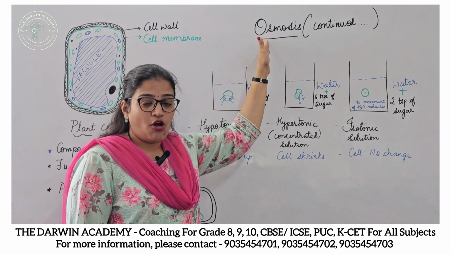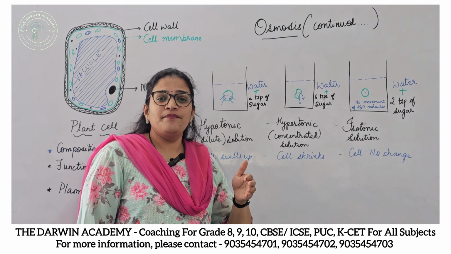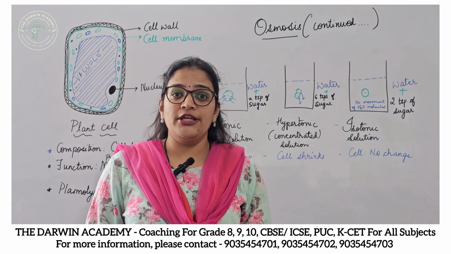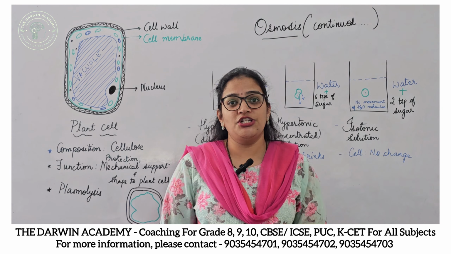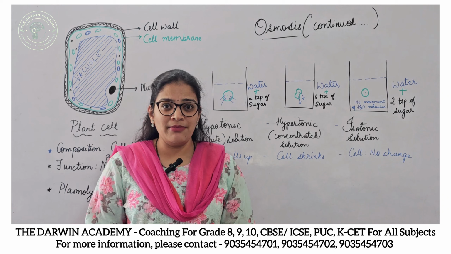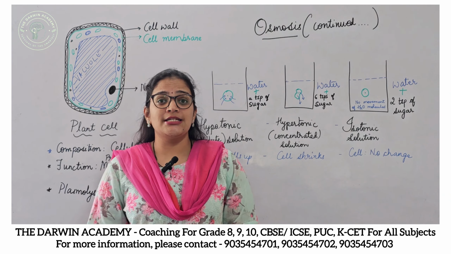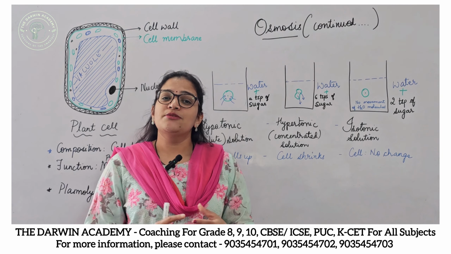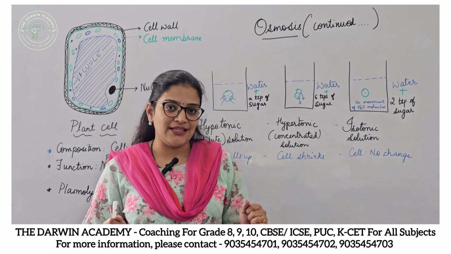Like I've mentioned, osmosis is the movement of water molecules from their high concentration to their low concentration through a semi-permeable membrane. I've also told you that it is called specialized diffusion as well.